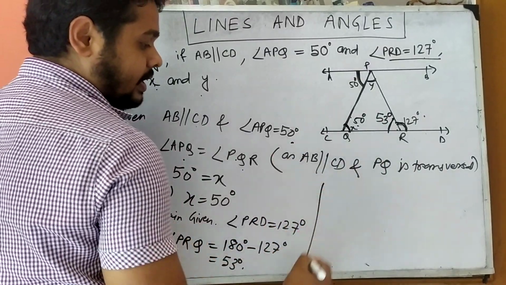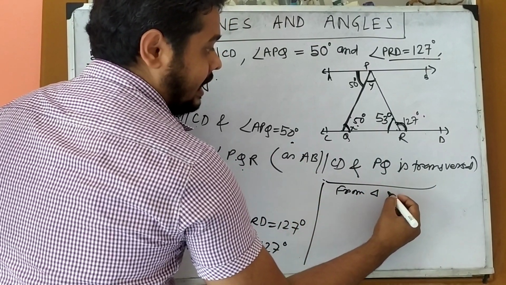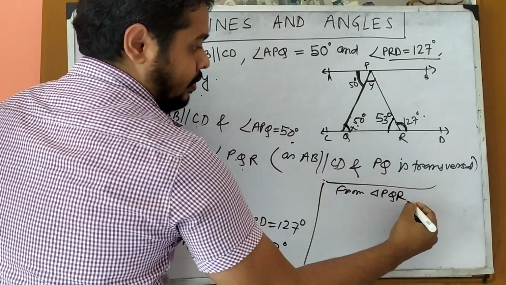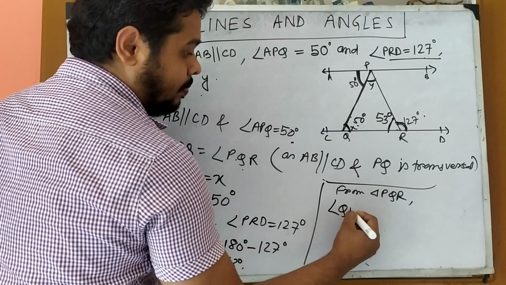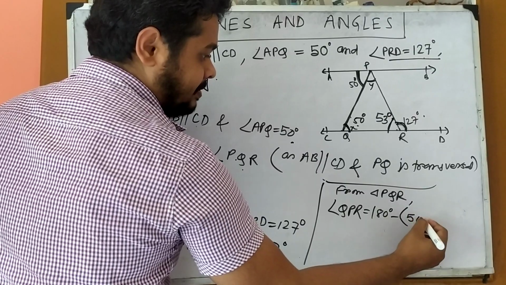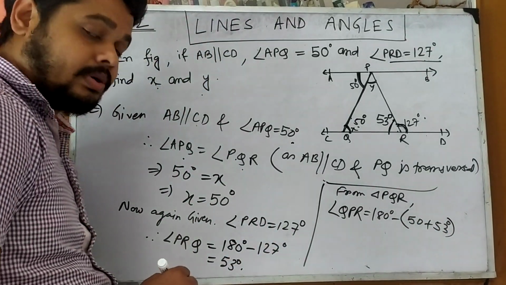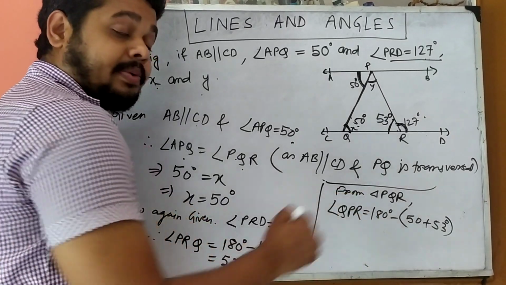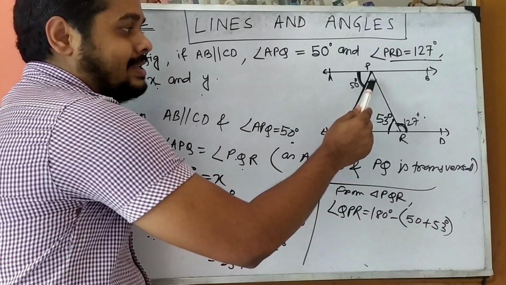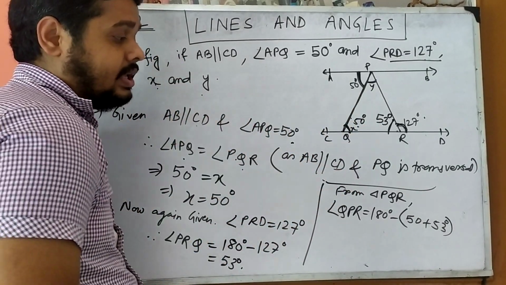Now from triangle PQR, we can write angle QPR equals 180 minus (50 plus 53). This time we are using the angle sum property, because we know the sum of three angles of a triangle is 180 degrees.